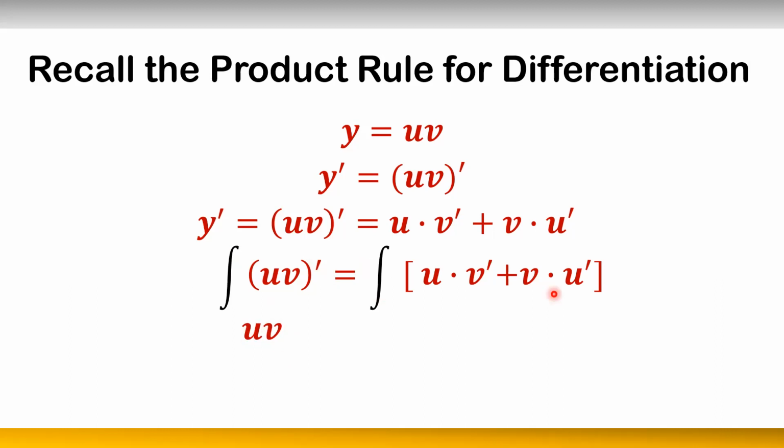Tapos pag dito ka naman, you have this notation, diba? Integral of u dv. We can actually split this into two integrals kasi this is separated by the plus. So the first one is u dv and the second one is actually v du. So it's equal to integral of u dv plus the integral of v du.